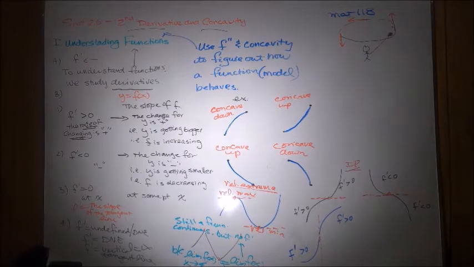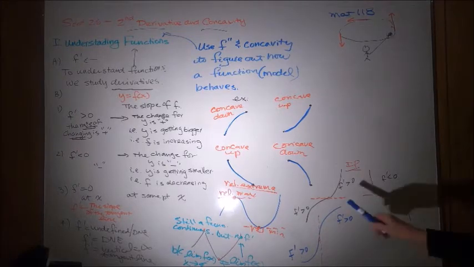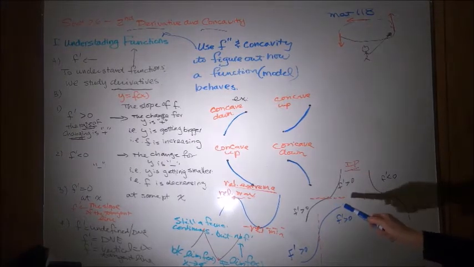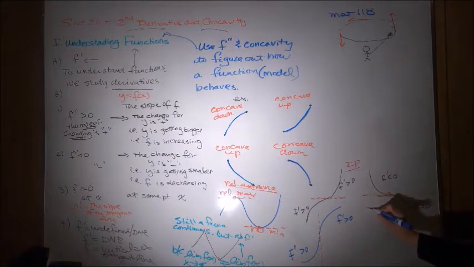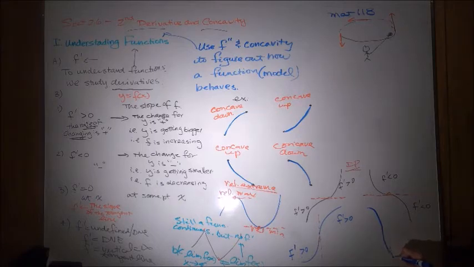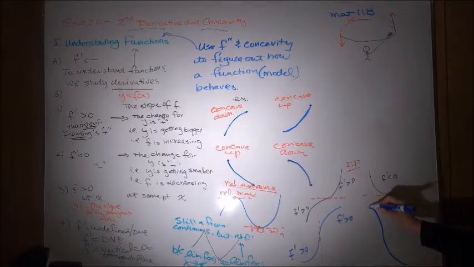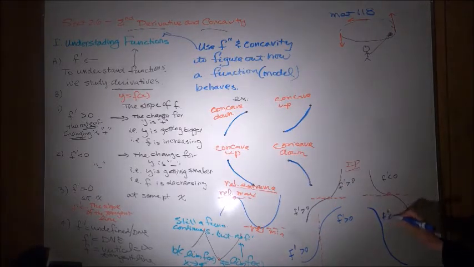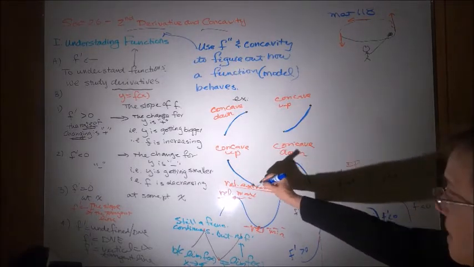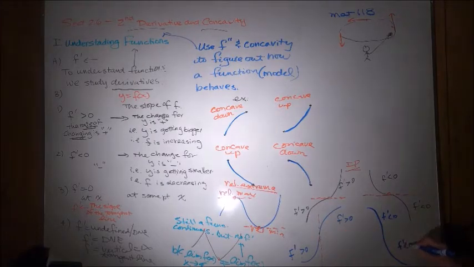Inflection points are when we still have a derivative. If it comes down and then goes there, this shape has F prime less than 0, and this shape is going down, so F prime is still less than 0.